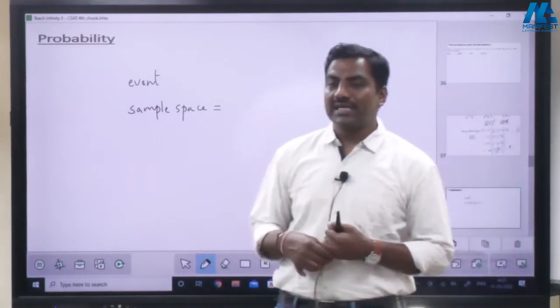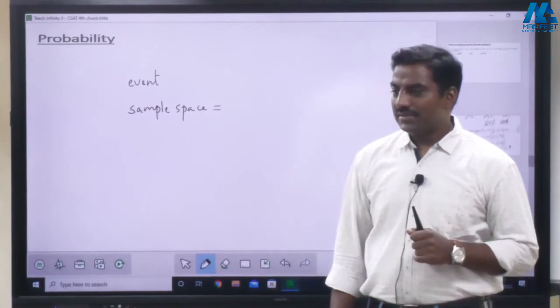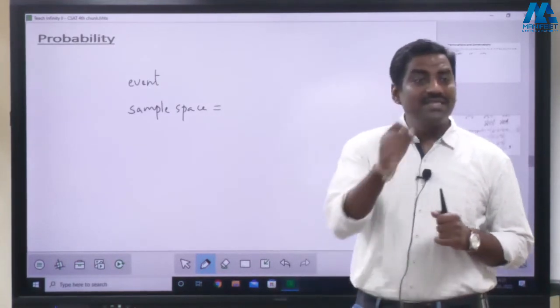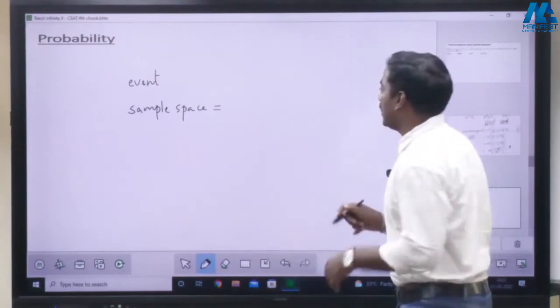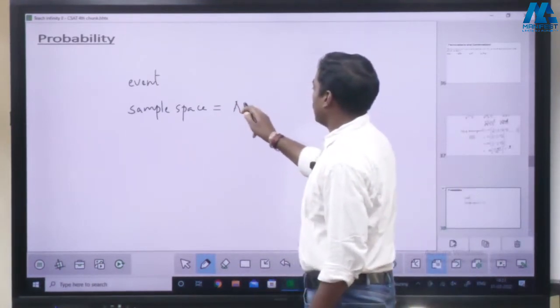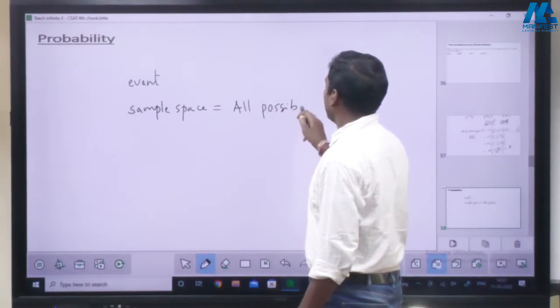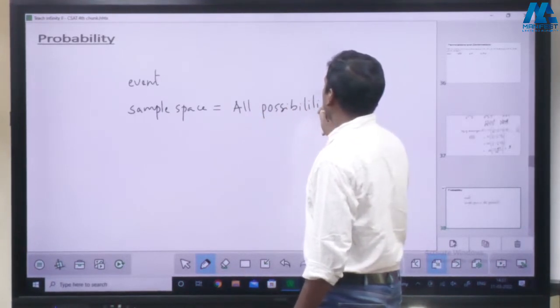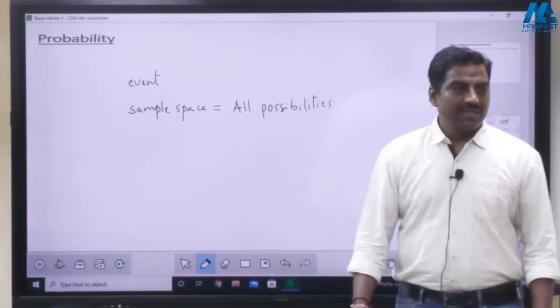How many possibilities are there when you roll a dice? 6. So here, 6 is the sample space. Sample space means all possibilities.